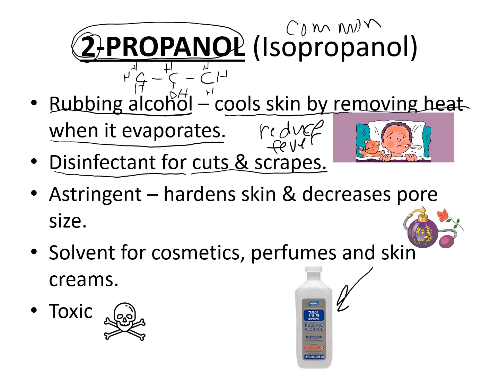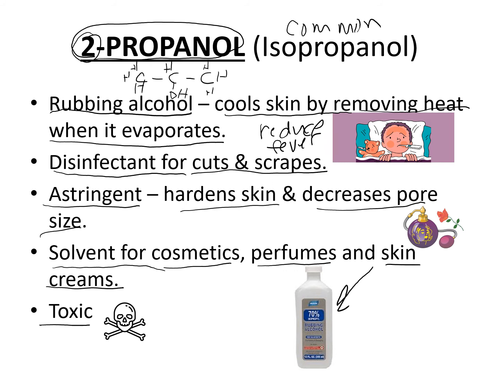It can be used as an astringent. It hardens your skin and decreases the pore size. 2-propanol or rubbing alcohol is also used as a solvent in the cosmetic industry and for perfumes and for different skin creams. 2-propanol is also a toxic alcohol, so this is not an alcohol you want to drink.